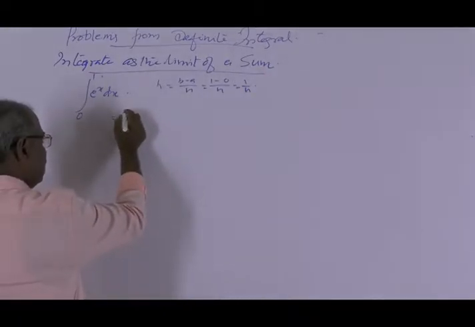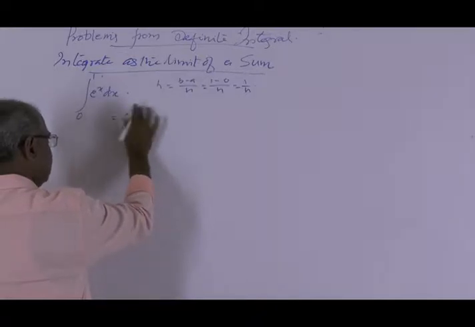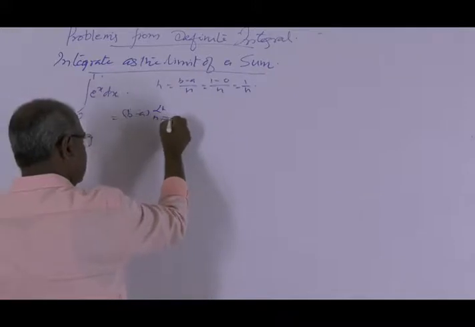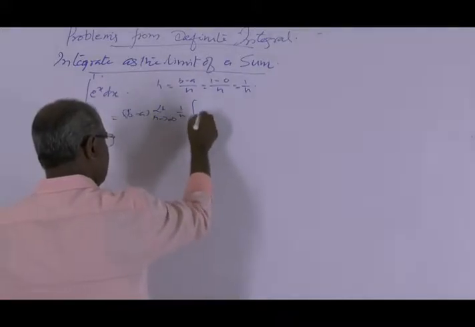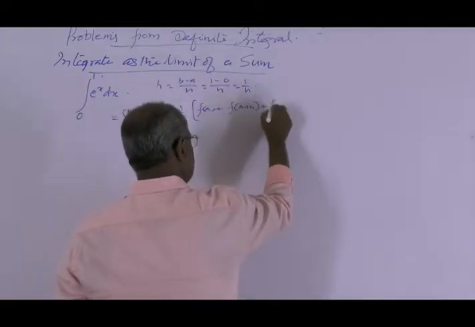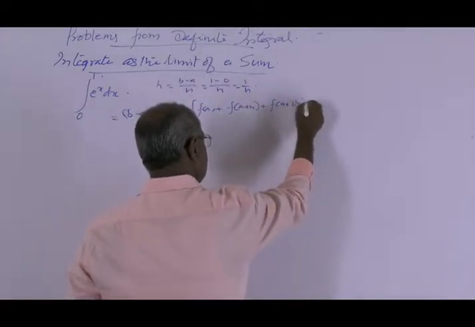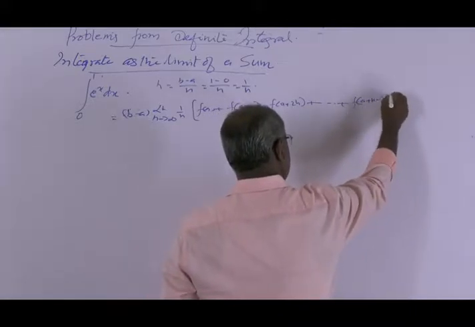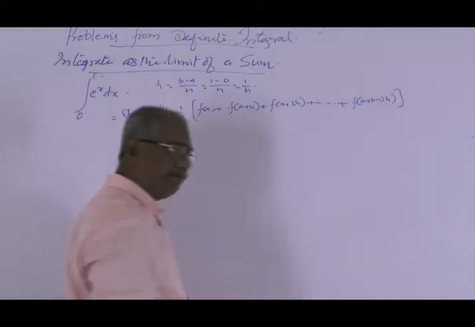And therefore the expression is (b minus a) into limit n tends to infinity 1 by n into [f(a) plus f(a plus h) plus f(a plus 2h) plus etc. plus f(a plus (n minus 1)h)].